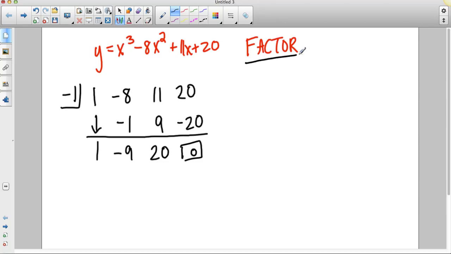Because if our directions are to factor, I need to break the x to the third down as much as I can. So what does that break down into? Parentheses, x plus 1, parentheses, x to the second, minus 9x plus 20. How do we get that?